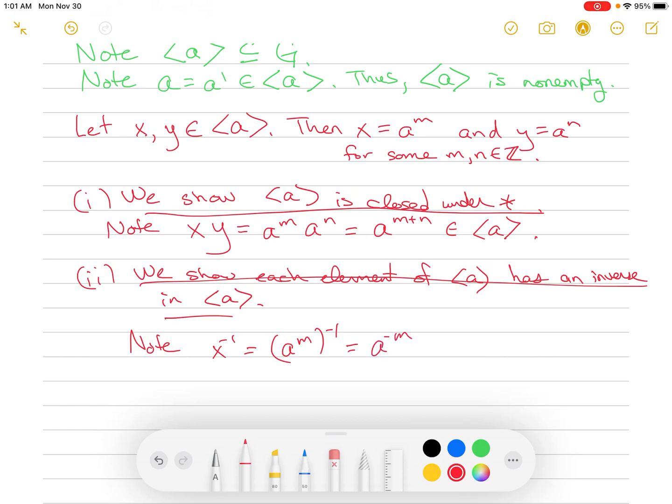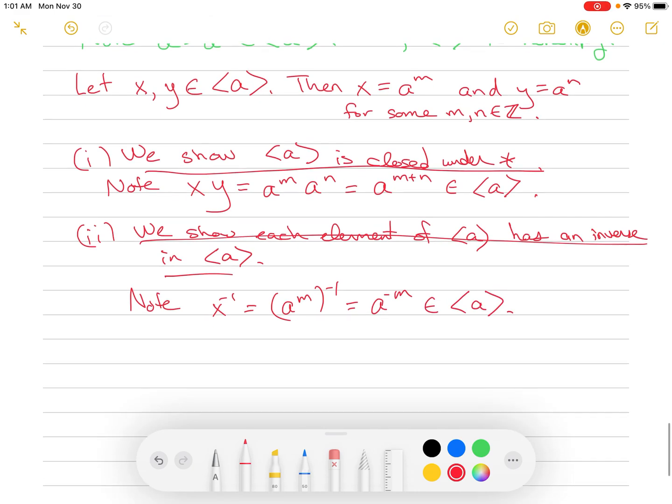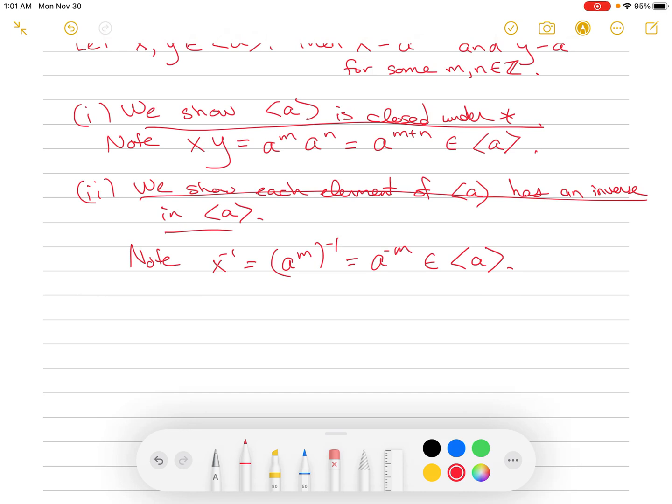So A to the m's inverse would be A to the minus m. And that's a power of A, right? That's a power of A. So this is in angular brackets A. So x inverse is in angular brackets A, so we have inverses.